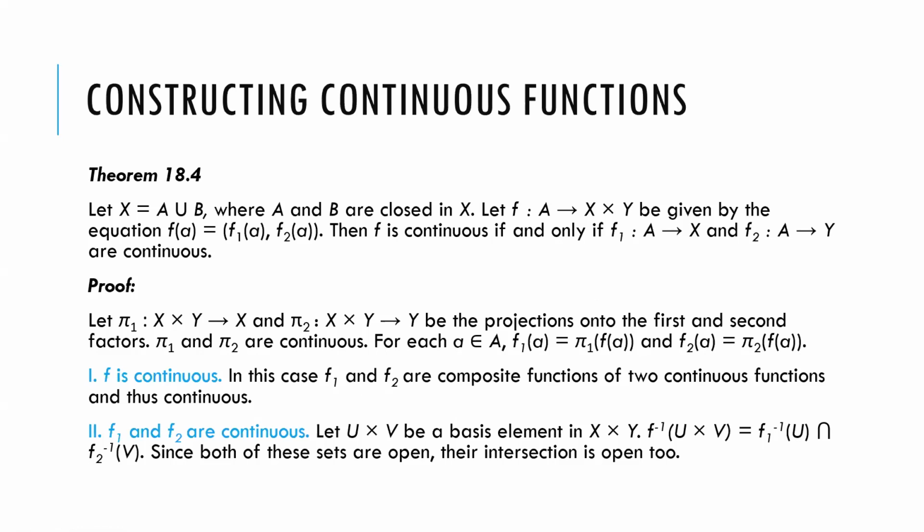And if we start with f1 and f2 being continuous, then if we consider U cross V as a basis element of X cross Y, then f inverse of U cross V would equal the intersection between f1 inverse of U and f2 inverse of V. And since both of these sets are open, their intersection would be open too.